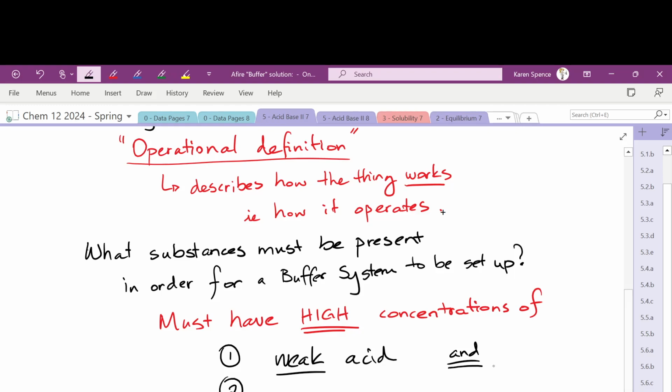And what else? A weak base, and not just any old weak base. A weak acid and its conjugate weak base.